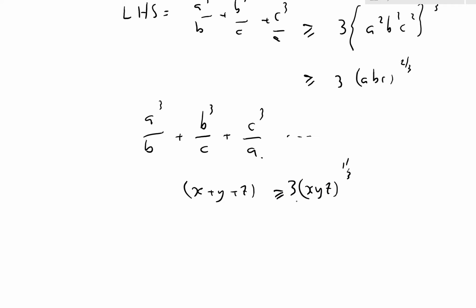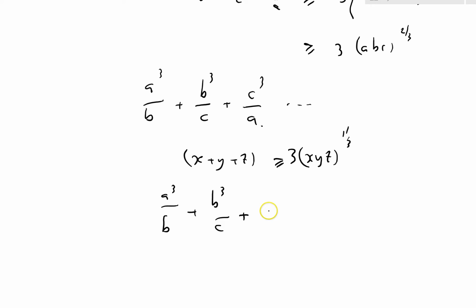I'm going to use that inequality, but with a cubed over b plus b cubed over c plus something, and I'll fill that in a minute, is greater than or equal to 3 times the cube root of a cubed over b, b cubed over c times something. And what we want to do is to make that nice and symmetrical in some way. Oh, this is to the power 1/3.